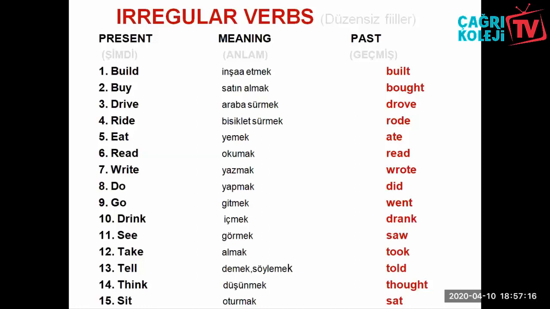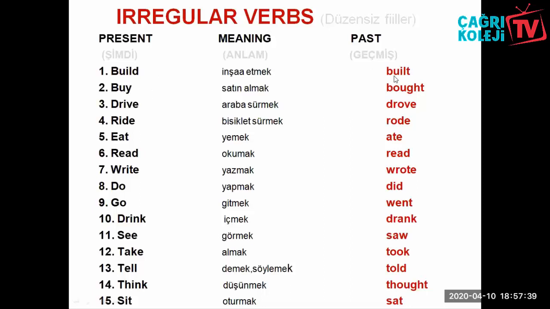For example, here we don't add ed at the end of the verbs. We completely change the verb. Remember, I cook, I cooked, we used to say. But here we don't say I buyed it. No, we don't say like that. Or I buy it. We don't say, never.